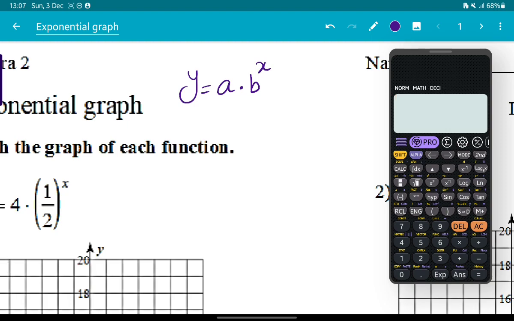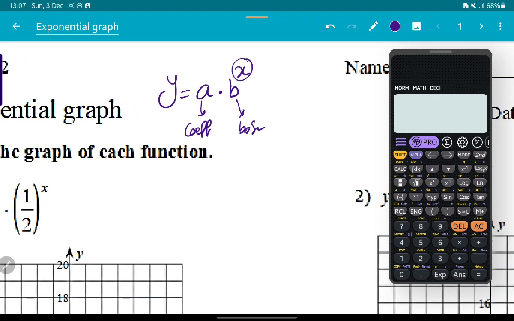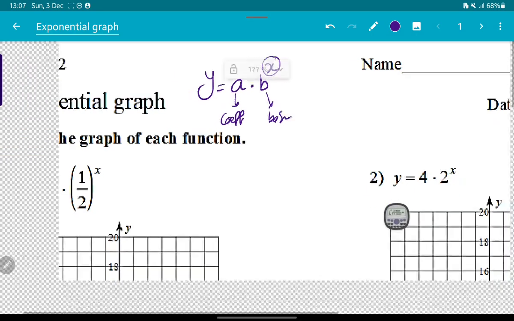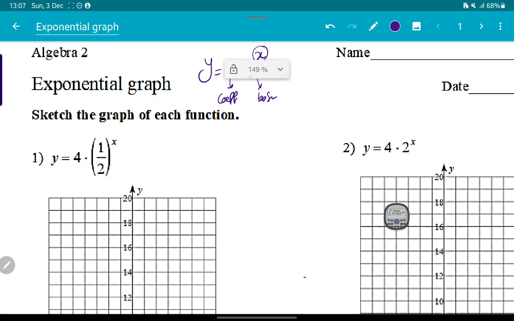So this is the coefficient, and this is the base. This is the exponent or the variable. Then this base will decide whether our graph is growth or decay. This is growth and this is decay.